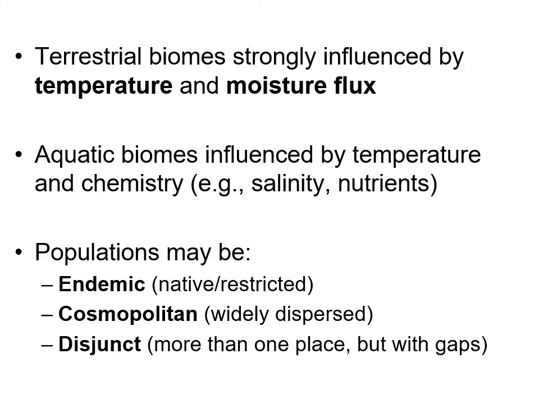Okay, so an endemic population would be one we only find on one continent. A cosmopolitan would be found on numerous continents, and disjunct would be we find them on 2 continents but not a third one that it could potentially live in, and we don't find it there. So these are different ways of describing populations within different types of biomes.